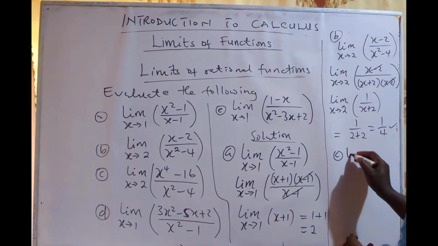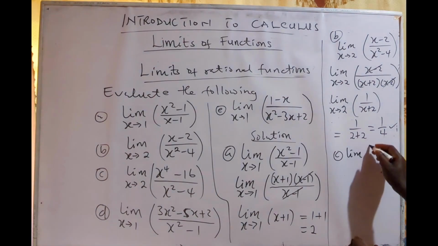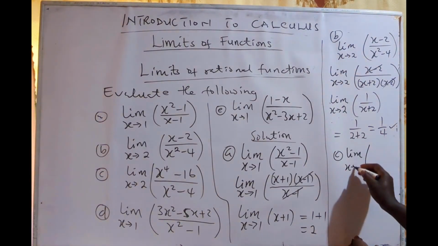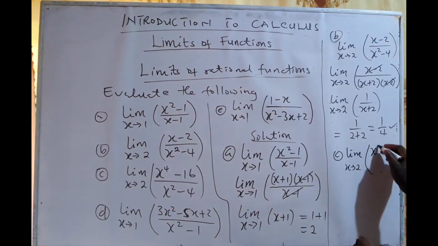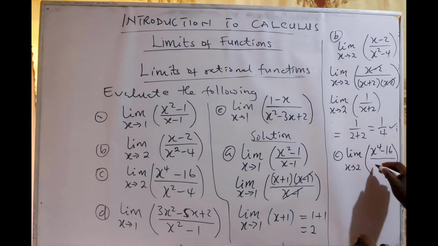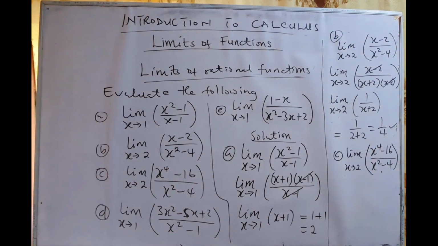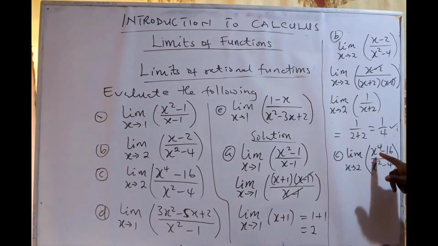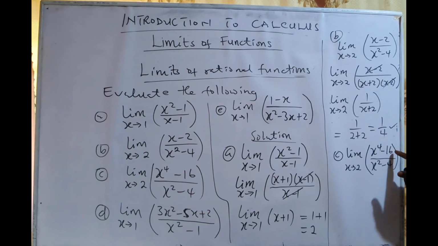So I have the limit of the function as s approaches 2 of (s exponent 4 minus 16) divided by (s squared minus 4). Okay, so you see that we have s exponent 4 here minus 16, and then s exponent 2 minus 4.